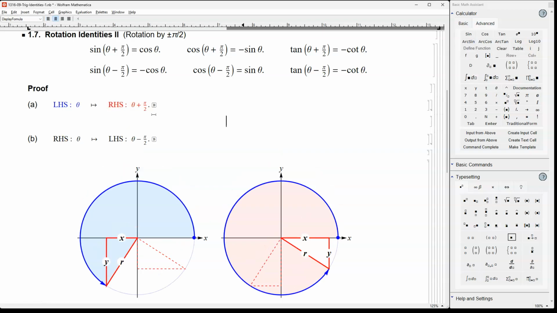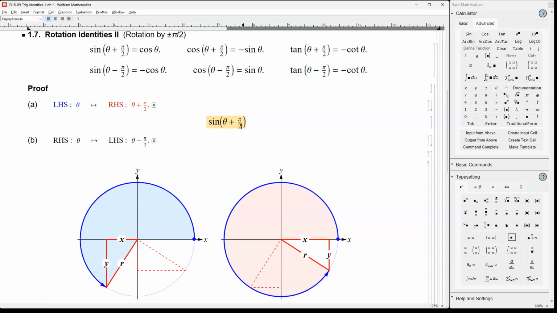Now let's consider sine of theta plus pi/2. How does that behave? After pi/2 rotation, I'm looking at this red. I have to get y over r from the second picture here, and I highlight this as red because I'm getting all these from this red circle.